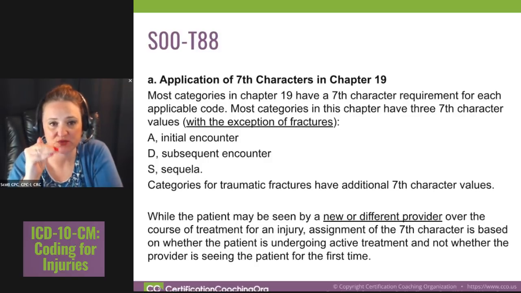Again, they're just reiterating, just like we talked about, that for pathological fractures, this treatment criteria, active treatment or healing, and it doesn't matter if it's a new provider or not. Okay.